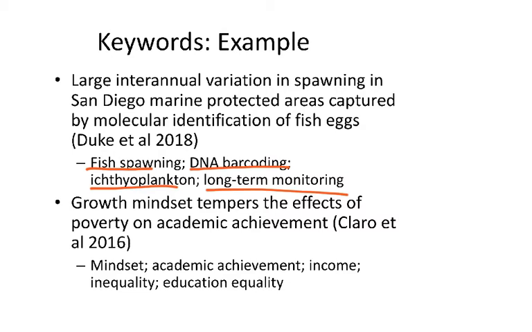And so they actually very interestingly found that in this paper, if you have a growth mindset, it can help to offset the negative effects of poverty. So for that particular paper, the keywords were mindset, academic achievement, income inequality, and education equality. So those are some examples of keywords for different papers.